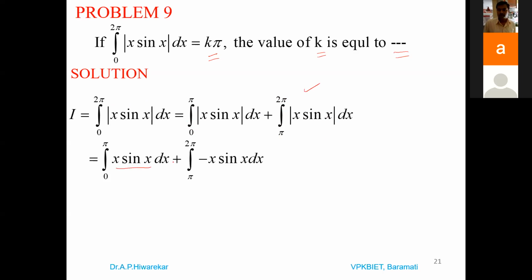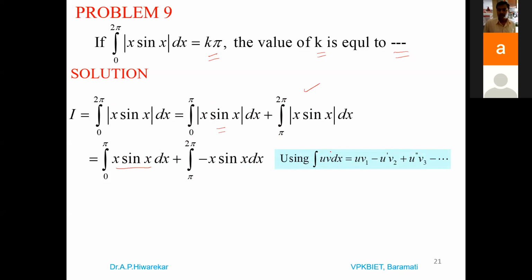Then integration of x sin x dx from 0 to pi. You can easily see that in this interval it is x into sin x dx, and it is minus of x times sin x dx.